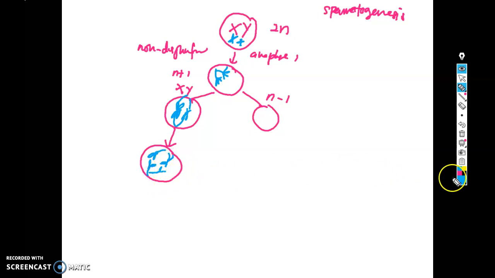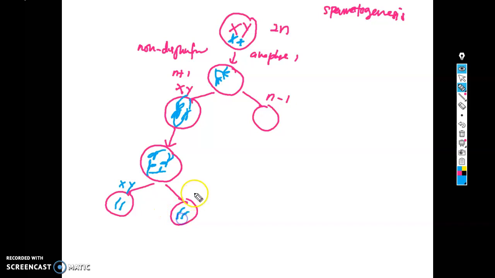And they will produce one daughter cell consisting of two, which has X and Y.